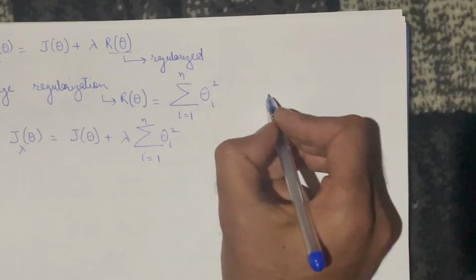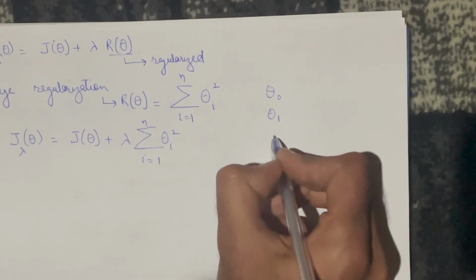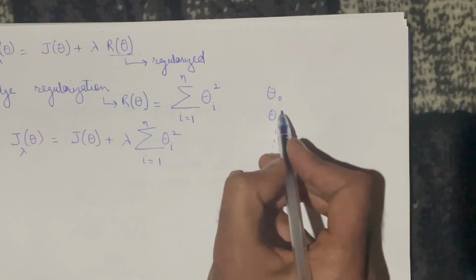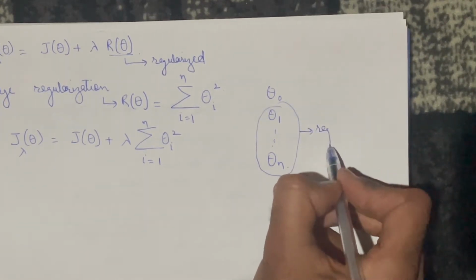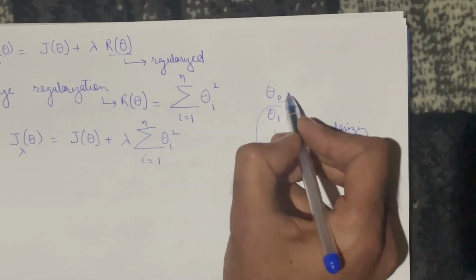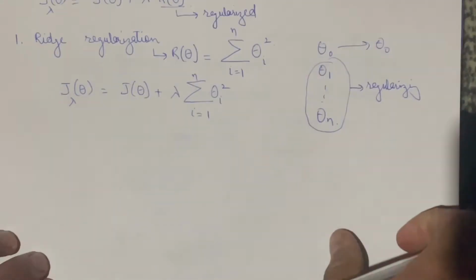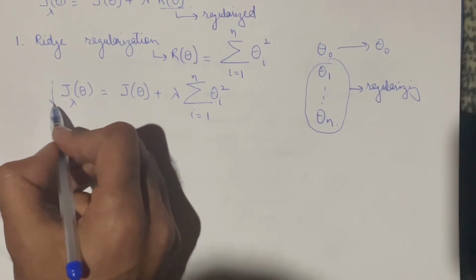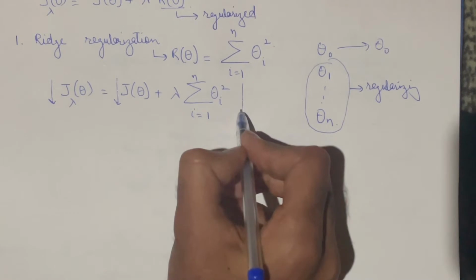We were having how many parameters? N parameters: theta 0, theta 1, up to theta n. But we are only adding from theta 1 onward. That means we are regularizing these parameters, but we are not regularizing theta 0. You have to keep this in mind. So we have to decrease the cost, which means we have to decrease this and we have to decrease this.